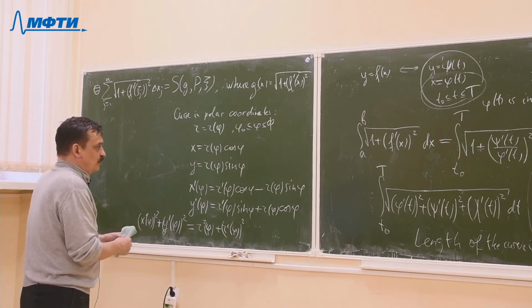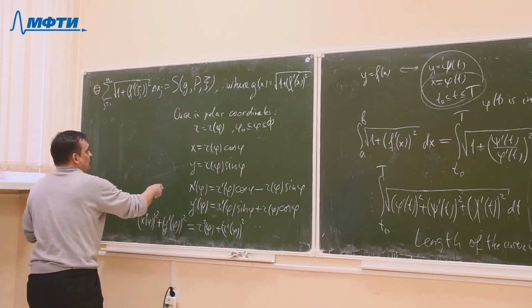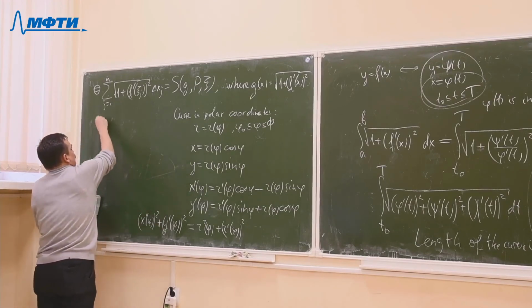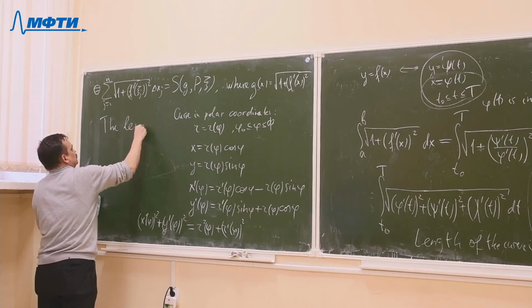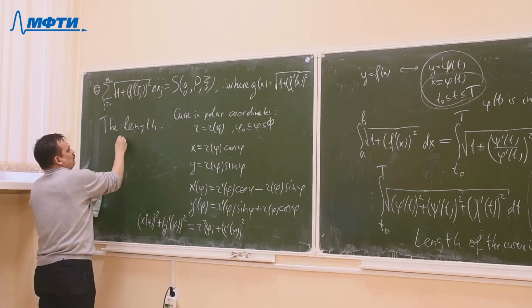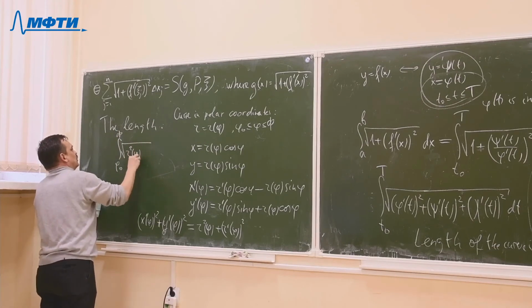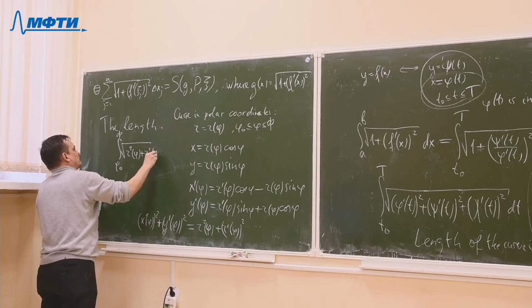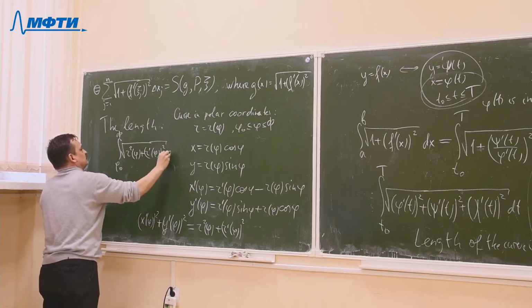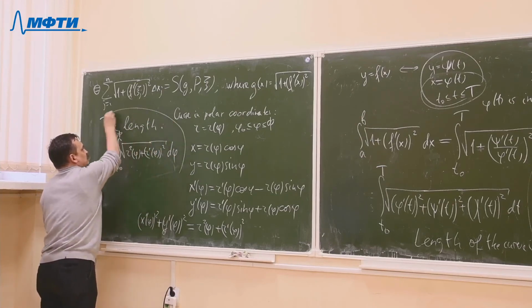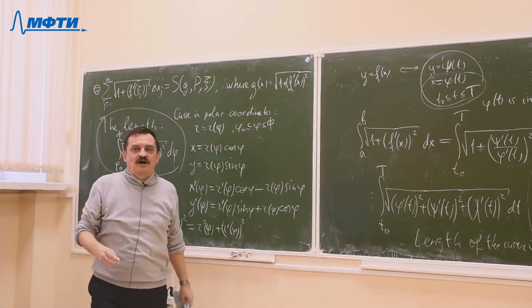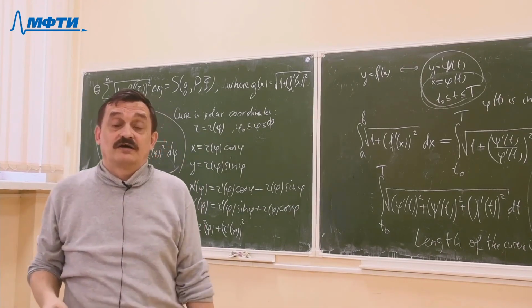So the length of such a curve is given by the integral from phi naught up to capital Phi of the square root of r squared of phi plus r prime of phi squared d phi. That is the length of our curve in polar coordinates.